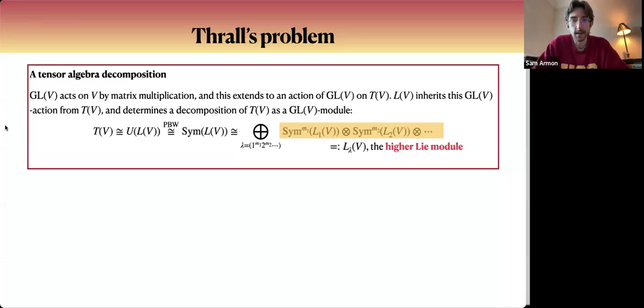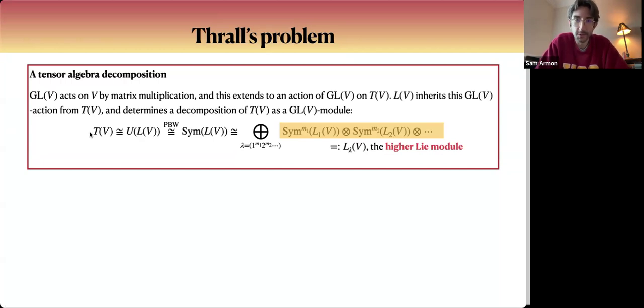Right, so I can consider how the general linear group acts on my original vector space V. This extends to an action on the tensor algebra of V, which is then inherited by the free Lie algebra. So the free Lie algebra is itself a general linear group module.